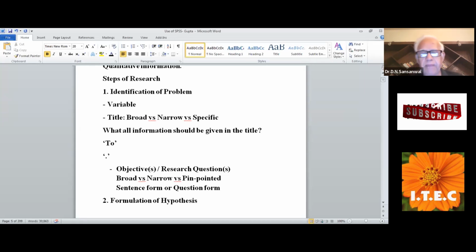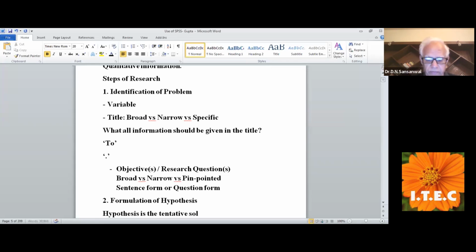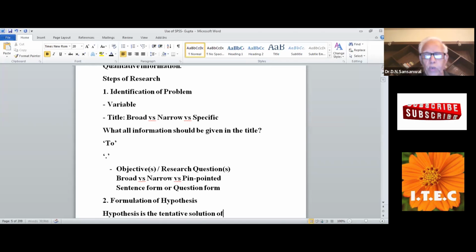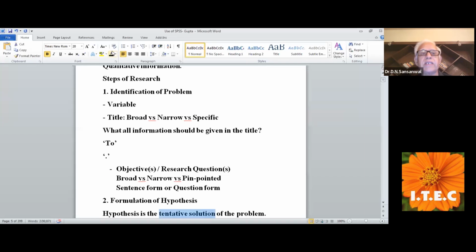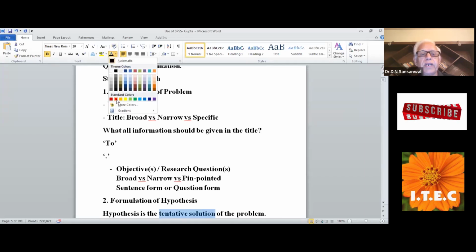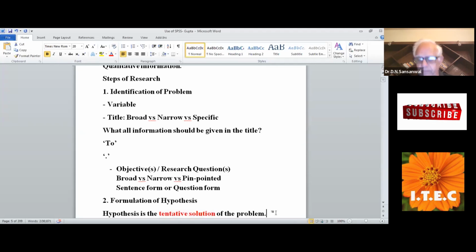Now, what is a hypothesis? Hypothesis is the tentative solution of the problem. It is not the final solution, it is the tentative solution. This is important, so you should understand this particular point.